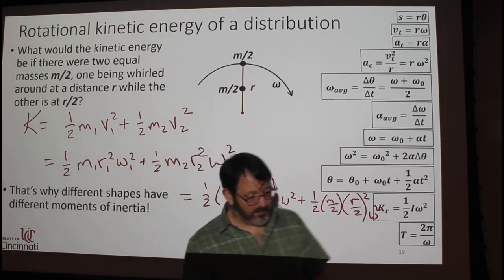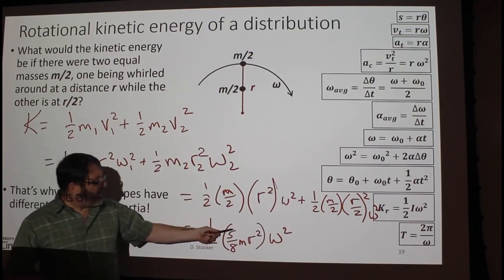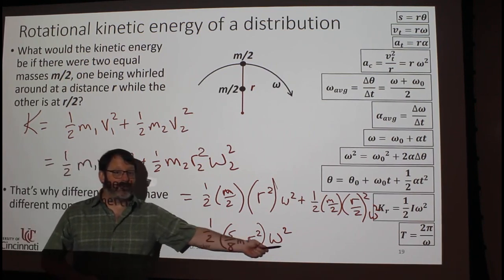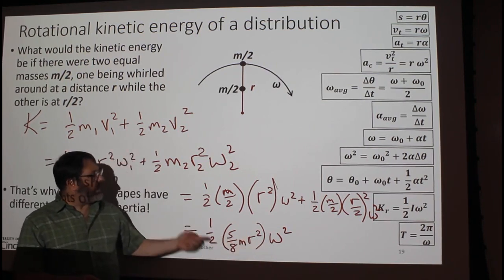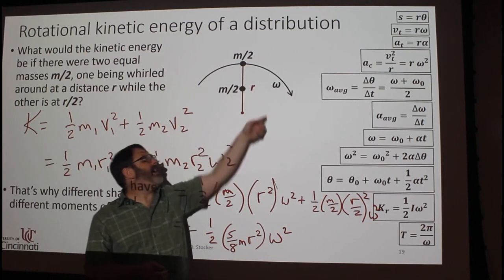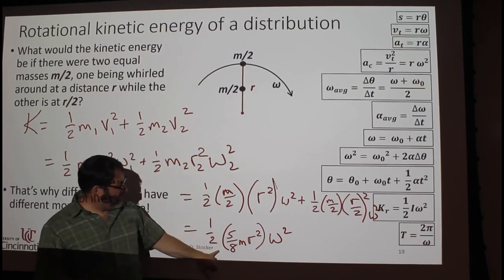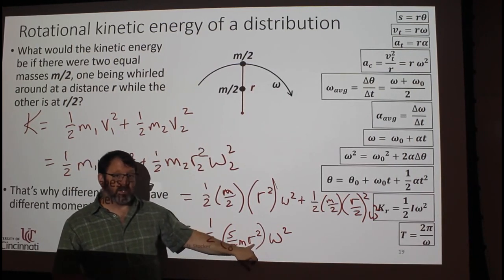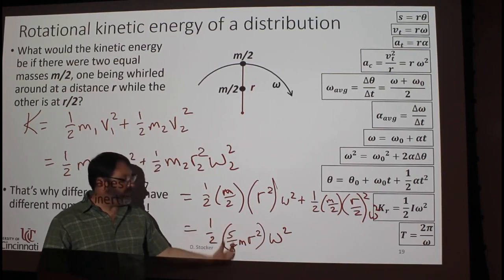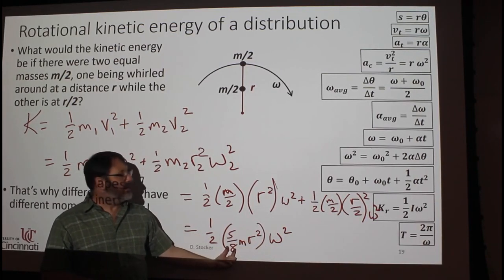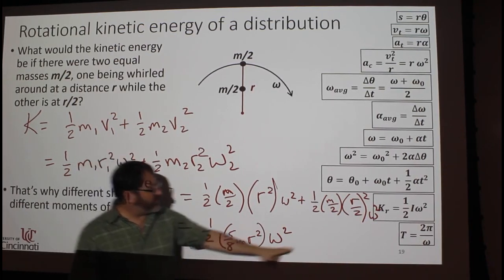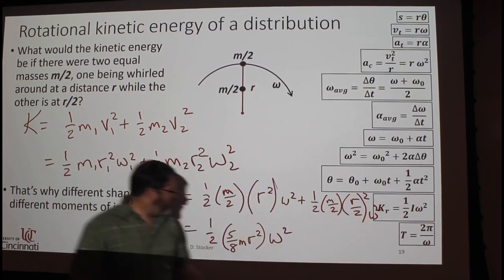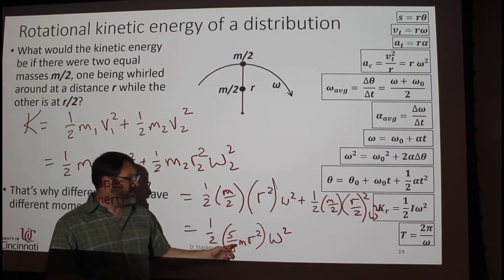And if I simplify that, I actually get 1/2 times 5/8 m r squared omega squared. Last time, when everything was out at the edge, it was 1/2 times m r squared omega squared. This time there's an extra number in here. So the moment of inertia, I, in this case, has to be 5/8 m r squared.